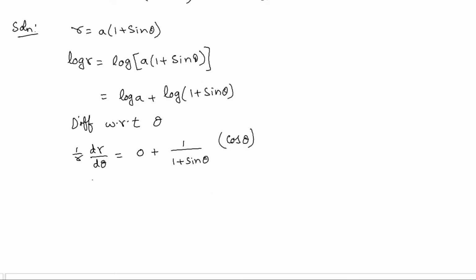As we know, 1 by r dr by d theta is nothing but cot of phi. We have the value to be equal to cos theta divided by 1 plus sine theta. Cos theta can be expressed in the half angle formula as cos square theta by 2 minus sine square theta by 2, whole divided by the denominator.